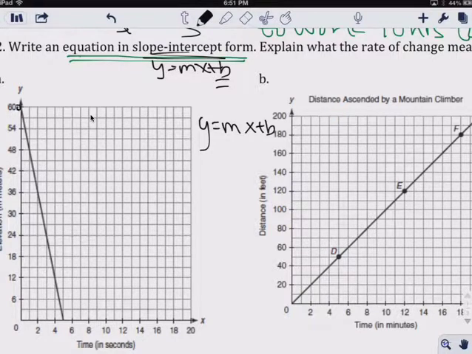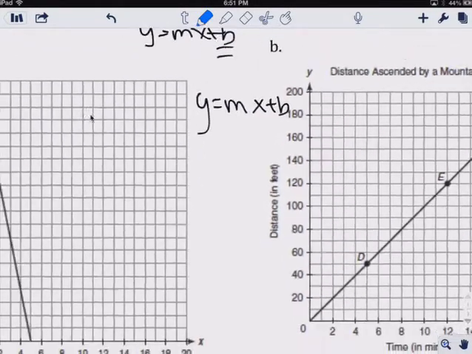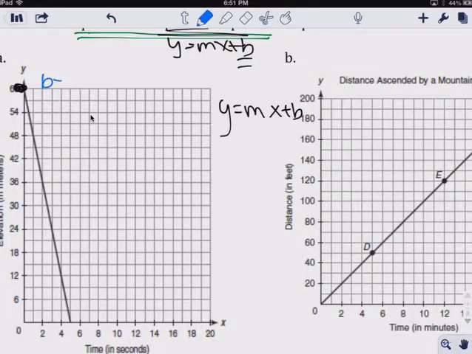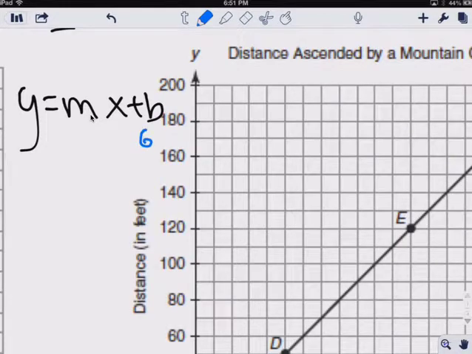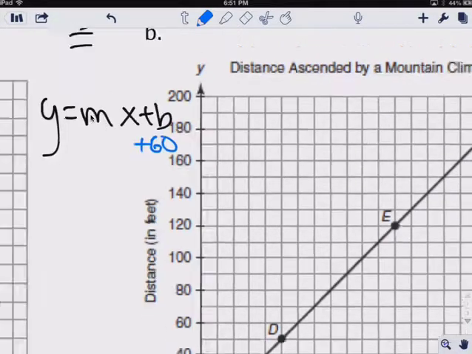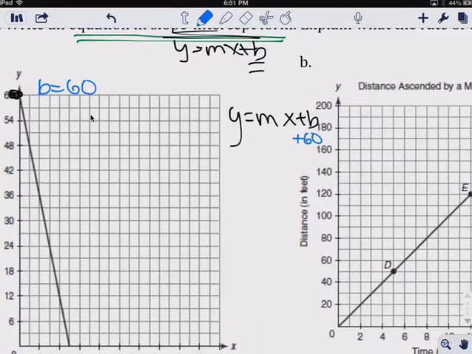Yep, there's b right here. The y-intercept is at 60. So we can replace b with 60. So 60 here plus, and I can find slope. I'm going to use this one here, right there.